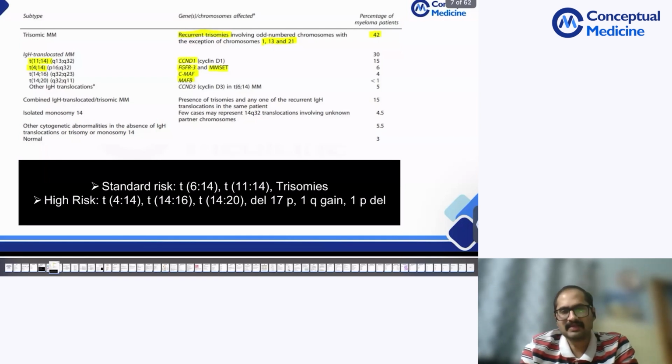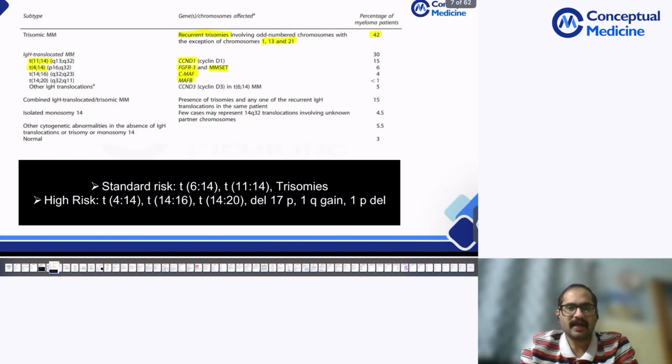Then what is high risk multiple myeloma? The overall survival of patients with this myeloma is usually less than 2 years. Look at the difference. There is an overall 3 to 4 years difference in survival between standard risk and high risk. Patients with high risk, for example translocation 4;14, which corresponds to fibroblast growth factor receptor 3, 14;16 corresponds to CMAF translocations, 14;20 corresponds to MAFB translocations, deletion 17p13, gain 1q, deletion 1p.